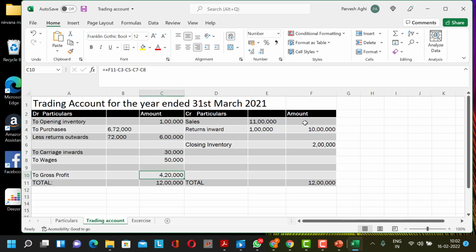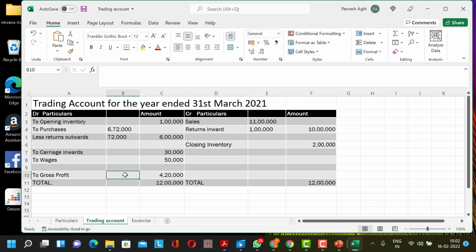Okay, which is your sales, opening stock plus purchases, minus closing inventory and minus these two expenses, you get your gross profit. Okay. So, do you understand how we have arrived at the gross profit? This is basically all your credit side and all your debit side. You just arrive at the balancing number here, which is 4,20,000, which is your profit of the company.